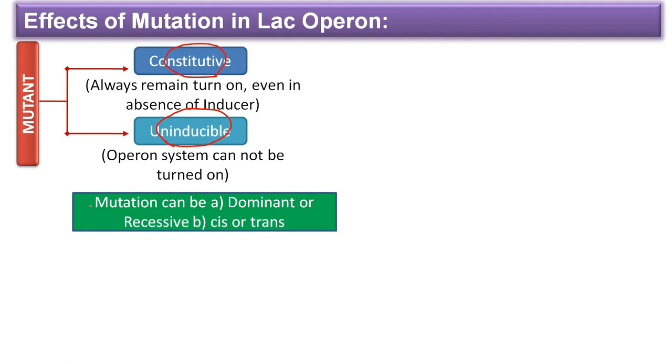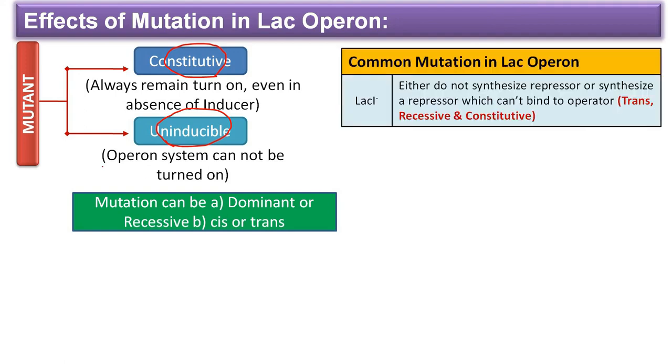Now let's see what are the different kinds of mutation. So first one is the Lac I negative. Here the repressor gene or regulator gene is mutated. If the regulator gene is mutated, what will be the consequence?